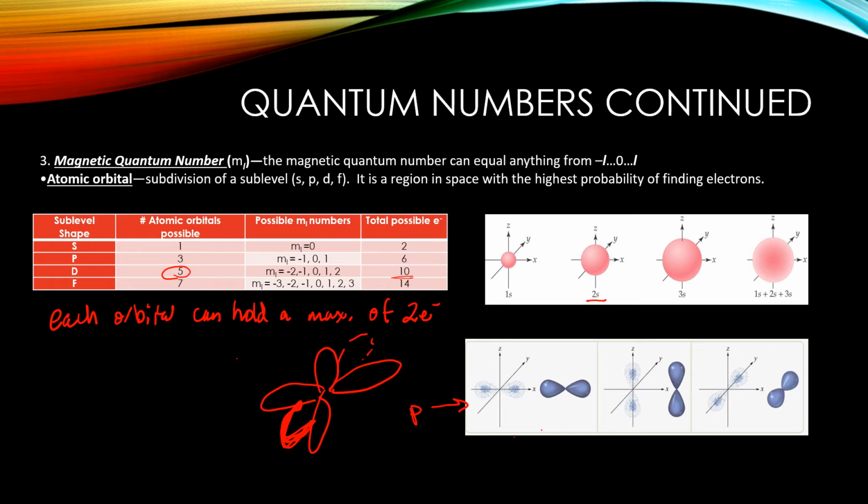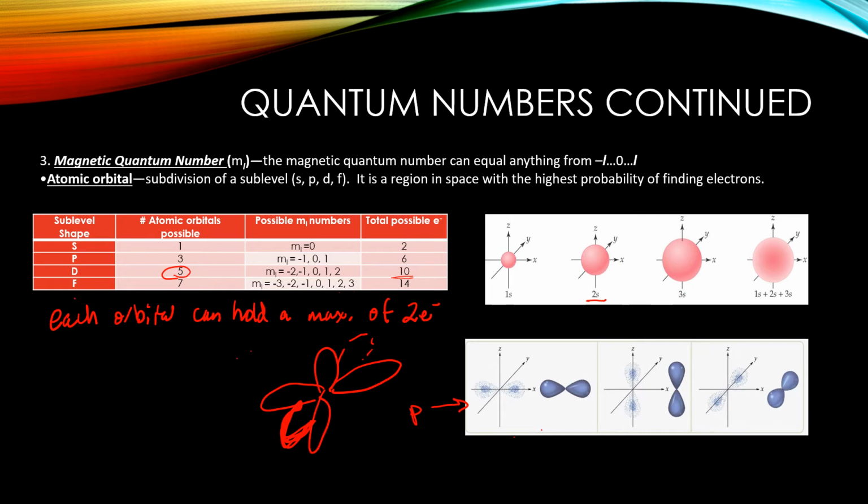For the F sublevel, I have 7 possible atomic orbitals, its L value, excuse me, was 3, so it could range anywhere between -3 and +3. So if you notice, 1, 2, 3, 4, 5, 6, 7 possible orbitals, so I'd have a total of 14 electrons. Now, as I said, if we expand it out to the G sublevel, hopefully you kind of notice a pattern, 1, 3, 5, 7.